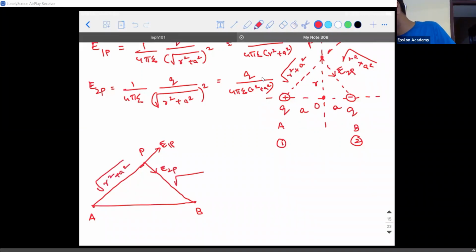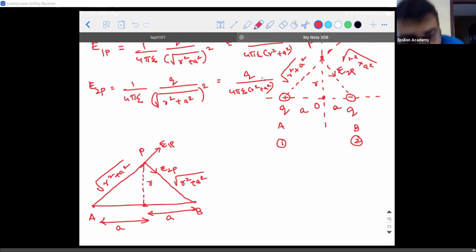This distance is also root of r square plus a square. This distance will be a, and this distance is also a. So this distance will be r.